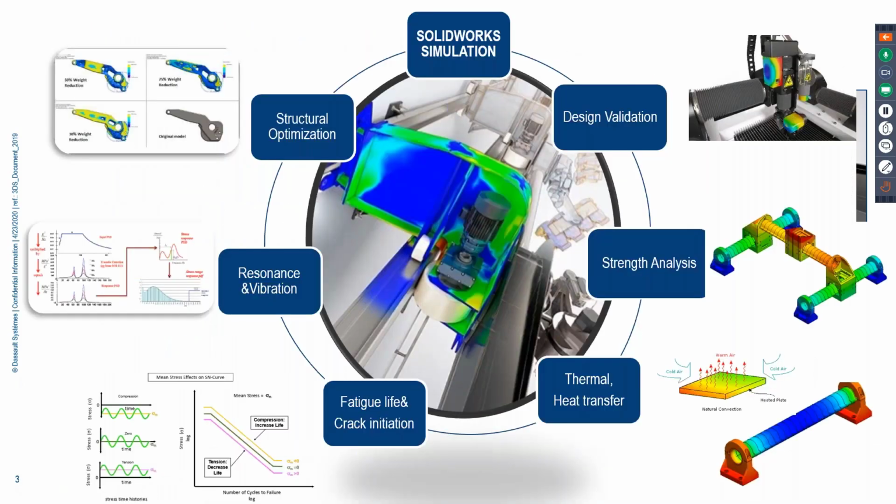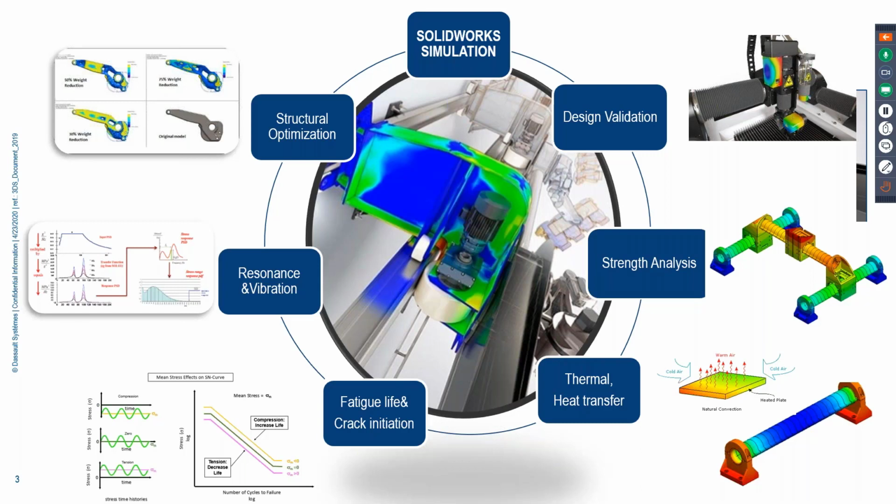To address all these challenges that I explained in the previous slide, we have a virtual validation tool called SolidWorks Simulation, which helps us validate your design at the very beginning of a new product development process, in terms of analyzing its strength, taking into account your heat generation rate, and calculating the thermal stresses developed.